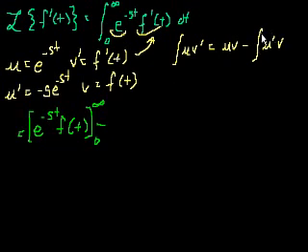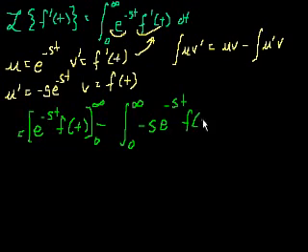So minus this part: the integral from 0 to infinity of u prime. U prime is minus s e to the minus st times v. V is f of t dt. Now let's see, we have a minus and a minus. Let's make both of these pluses. This s is just a constant, so we can bring it out.